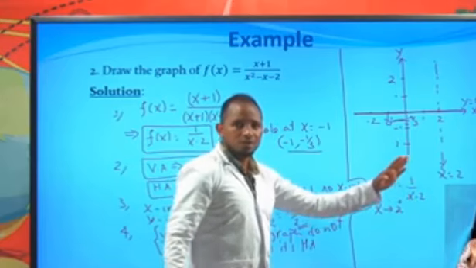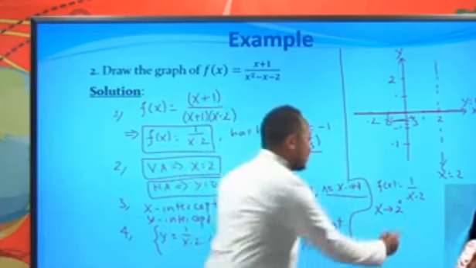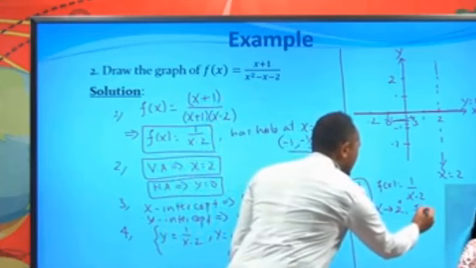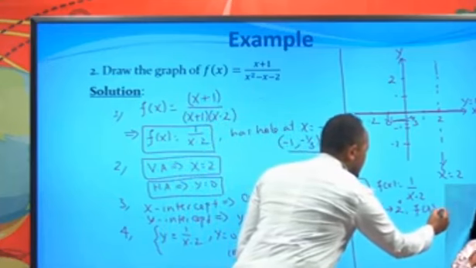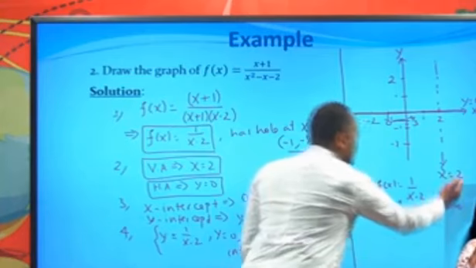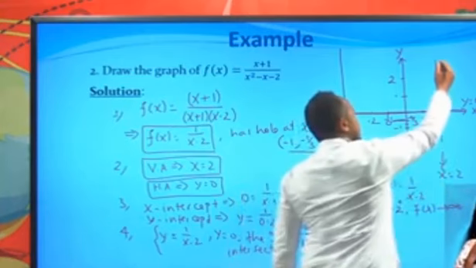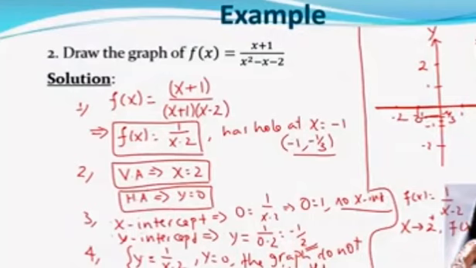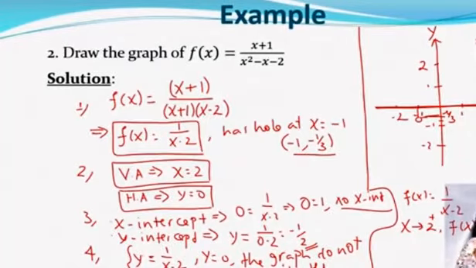After that, determine the point of intersection of the graph with the horizontal or oblique asymptote. Finally, choose a test point near the vertical asymptote to see the behavior of the graph near that point, whether it's upward or downward. After that, sketch the graph. So this is all about today's lesson.